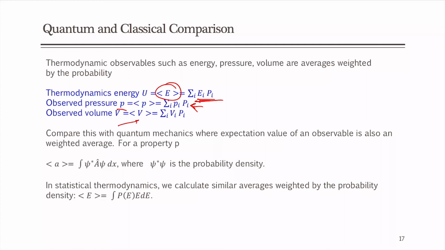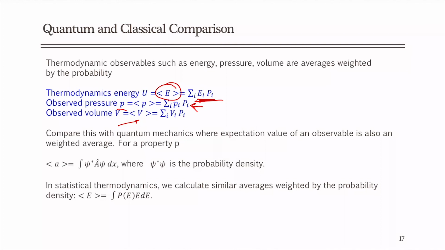When you talk about volume, at normal temperature and pressure, 55.5 moles of water will have a volume of 1 liter. It does not mean it will be exactly 1 liter; it means that on average it will be 1 liter. If you do a simulation with water, it will fluctuate, and when you take the average, it will be exactly 1 liter, and that is what we measure experimentally.